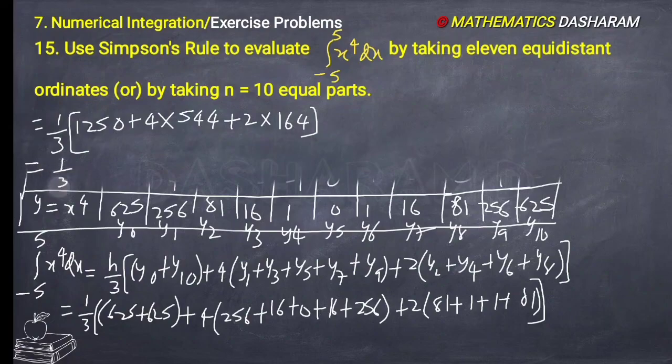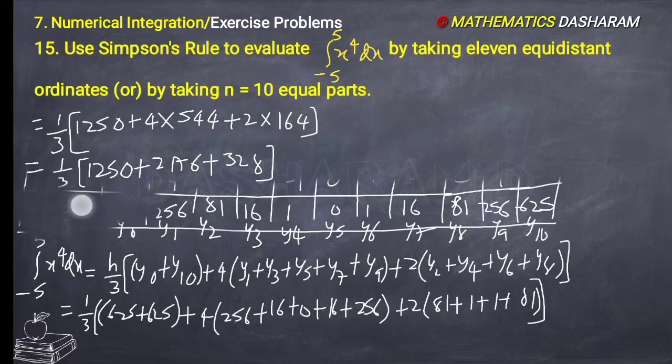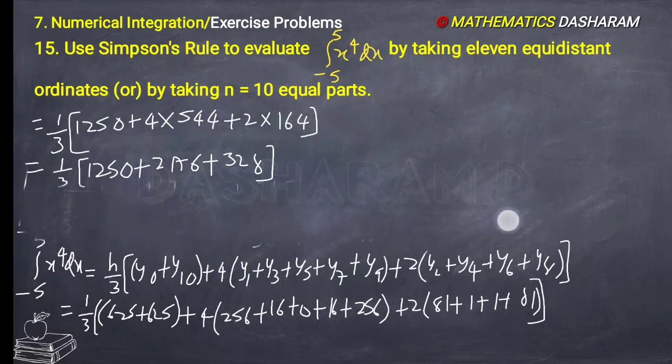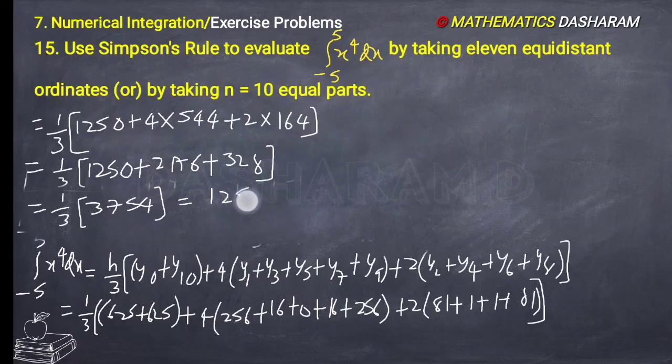It equals 1 by 3 bracket of 1250, 4 into 544 is 2176, plus 2 into 164 is 328. So it equals 1 by 3 bracket of the addition of these three numbers, which is 3754, and it equals 1251.3, which is our required answer.